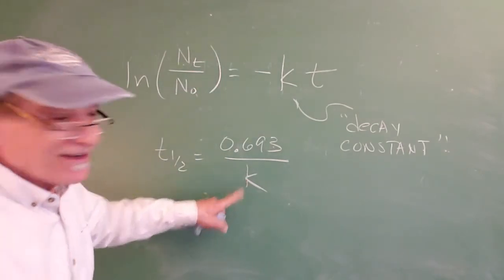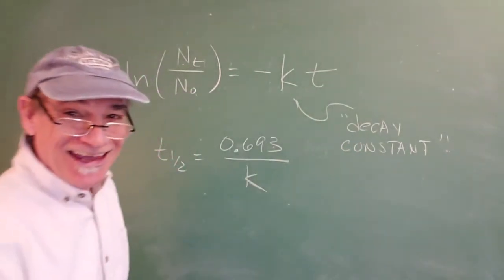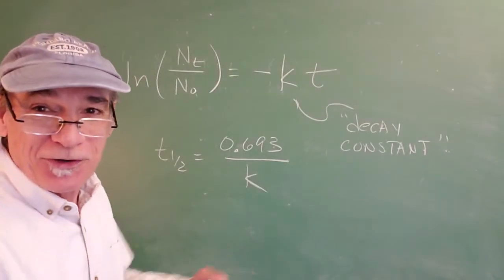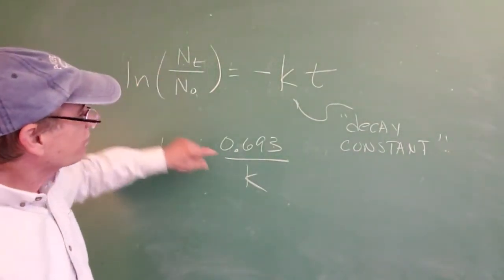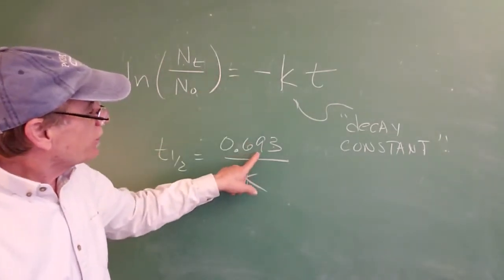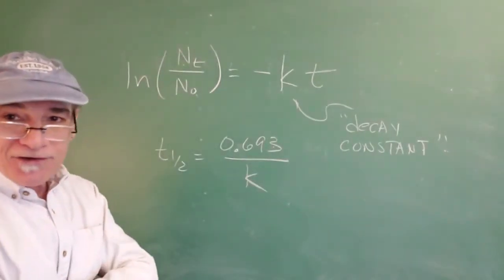I should point out, they quit calling it the rate constant in this chapter and started calling it a decay constant. But again, it's the same thing, except that we're looking at radioactive decay. If you recall, the natural log of 1/2 was minus 0.693, so the minus signs cancel out, and 0.693 over k equals the half-life of a radioactive isotope.